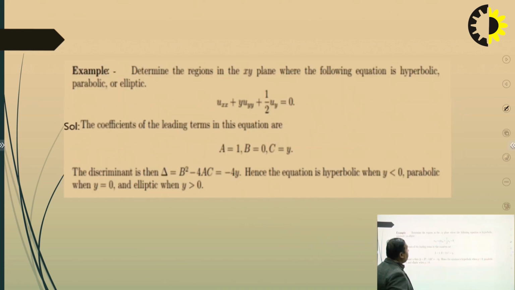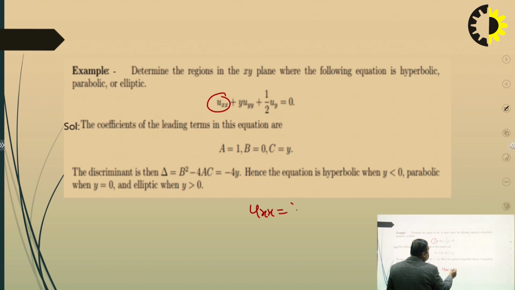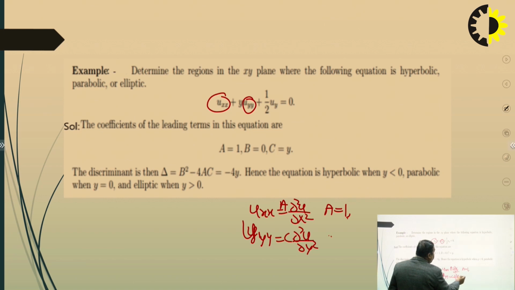Now let us take an example to continue this. We are using the notation uxx, that means del square u over del x square. The coefficient is a, and here a is equal to 1. Uyy means del square u over del y square, and the coefficient is c. Here c is equal to y.